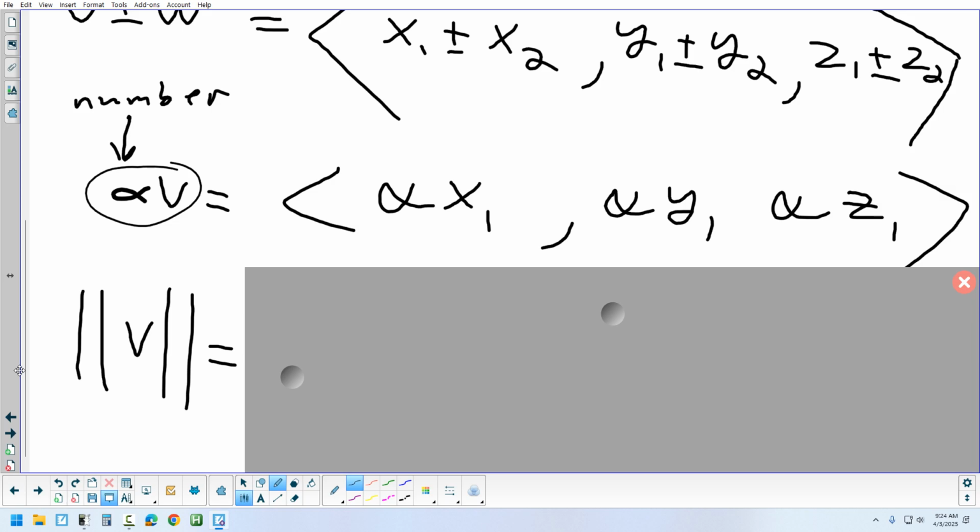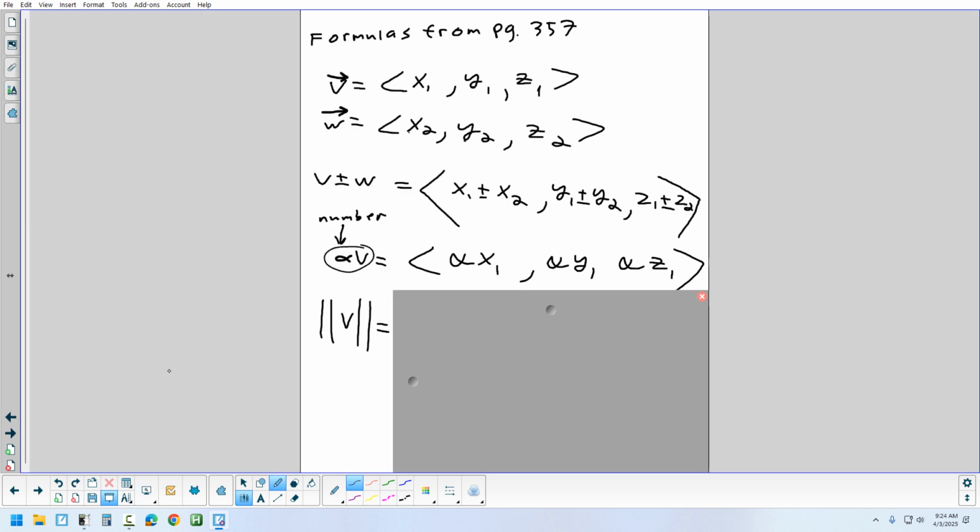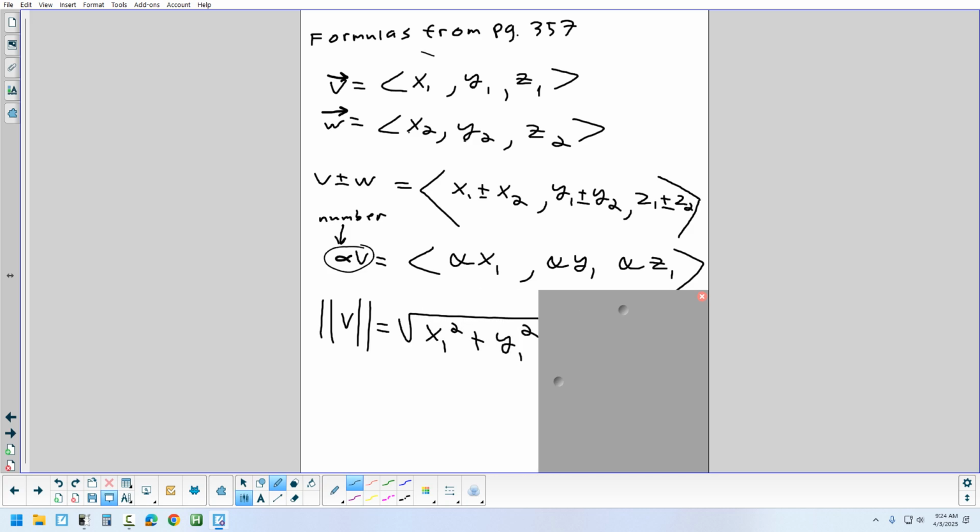Can someone remind me of the formula to find the magnitude in 2D? We're using vector v, so you should be referencing the vector v values. The square root of x1 squared plus y1 squared. So in 2D, there's the magnitude of v. What else is there going to be to now do it in 3D?